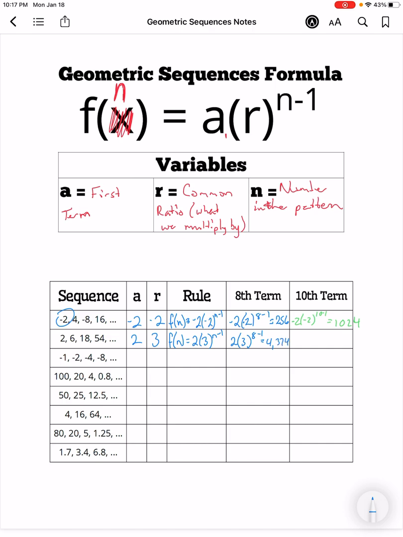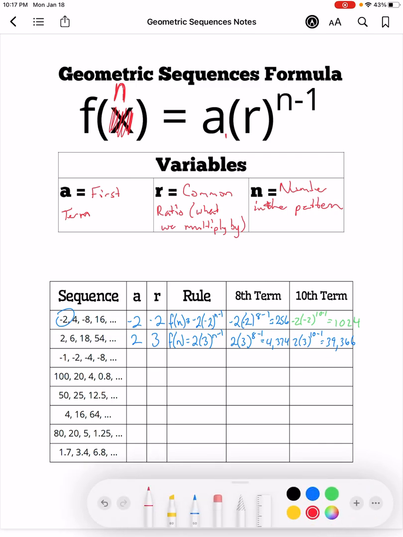I would do it again for the 10th term. That would give me 39,366. All right, going to the third one.